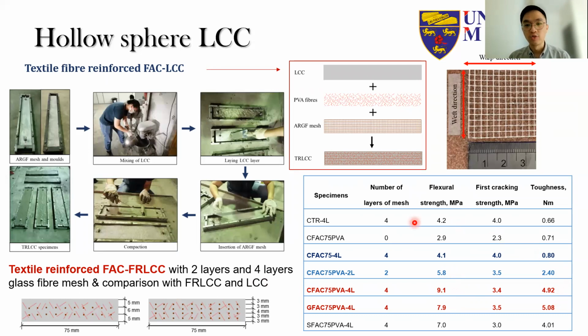If we compare back to the original normal textile reinforced mortar, we can see that the toughness and also the flexural strength is substantially improved, even when we are using just this kind of lightweight cementitious composite, which has a lower density. But the overall ductility can be improved through the use of PVA fibers in combination with the glass fiber mesh.